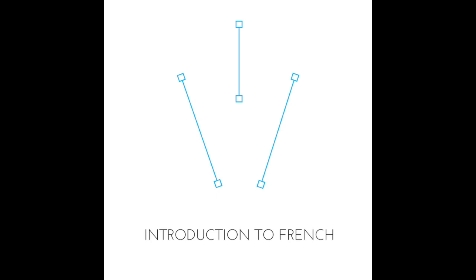Je peux l'attendre. Je peux l'attendre. Can I wait for him? Puis-je l'attendre? Puis-je l'attendre? So puis-je is formal, not because it's an old form of the verb, but because we are inverting.